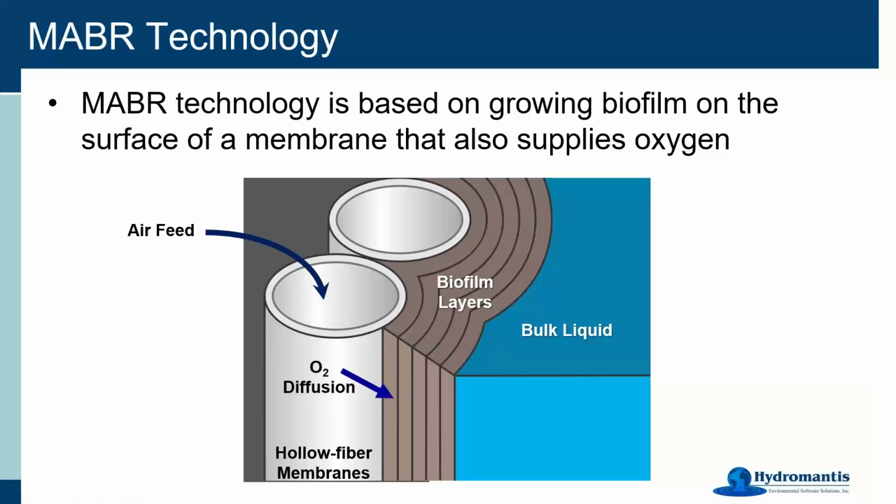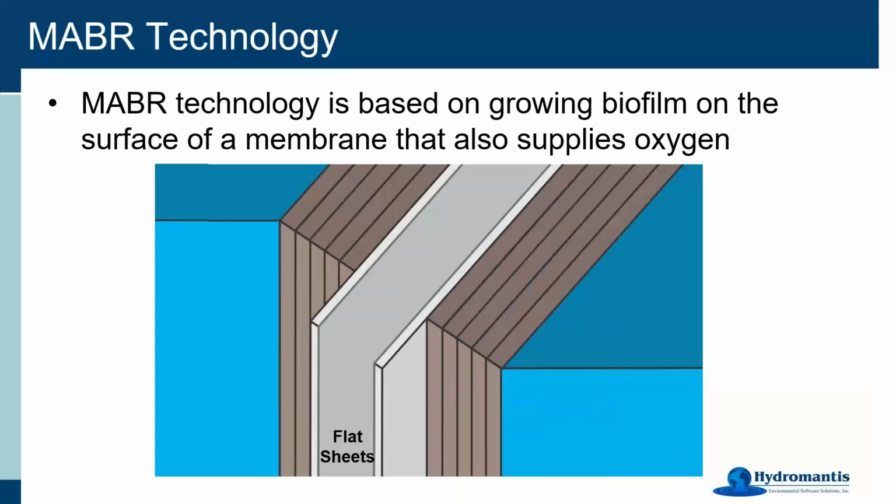So we have O2 diffusion in that direction, and then we have all of the other stuff that we want to be able to remove from the system being diffused in this direction. So the substrate is, in this case, the soluble BOD that we want to remove, and also the ammonia, and so on. So those are things that are diffusing into the system. This counter-diffusional activity allows for the biological activity to happen there and be very concentrated and optimized in this sense.